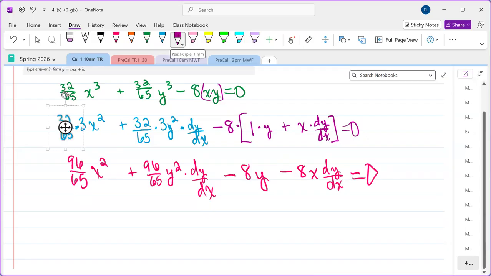All right, to solve for dy dx, everything that has a dy dx I want on one side. Everything that does not, I want to throw to the other side. So I'm going to add this 8y. I'm going to subtract this front term, the 96 over 65 times x squared.